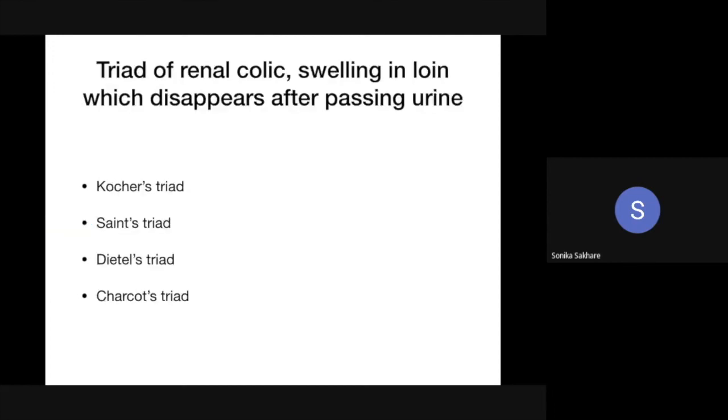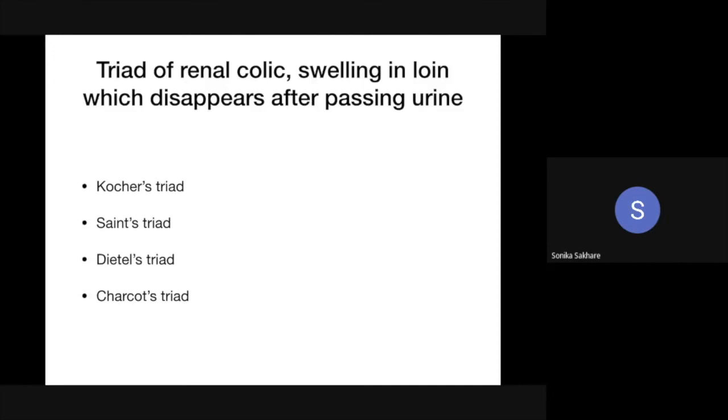Triad of renal colic, swelling in the loin which disappears after passing urine. Have you heard of this? Yes, ma'am, Dietl's triad. There's a particular stone, let's say, obstructing the ureter, which is causing renal colic because the ureter is trying to expel the stone.